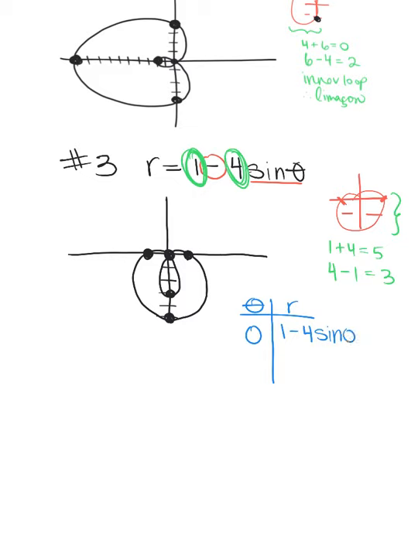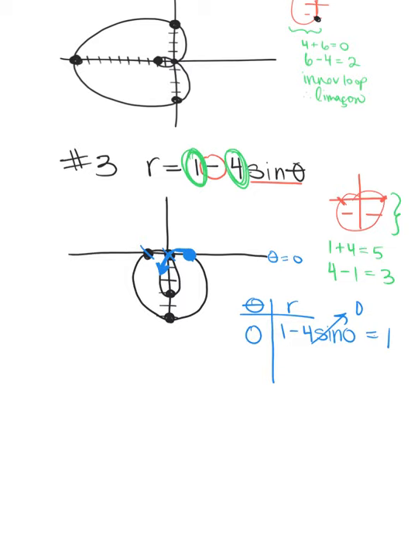Sine of 0 is 0, so I'll have 1 minus 0, which is just 1. So I had 3 points on that radial line of theta equals 0, so the one that is actually my start point is right here at the radius of 1, and then we head in a counterclockwise direction, so then there would be my indicated direction.